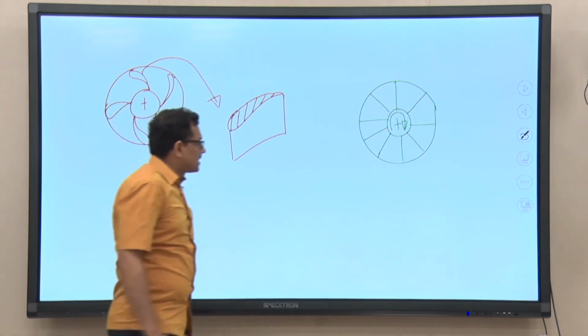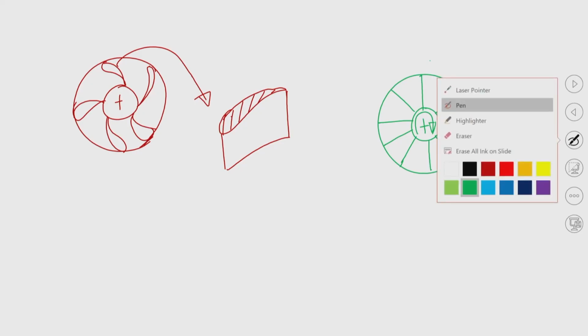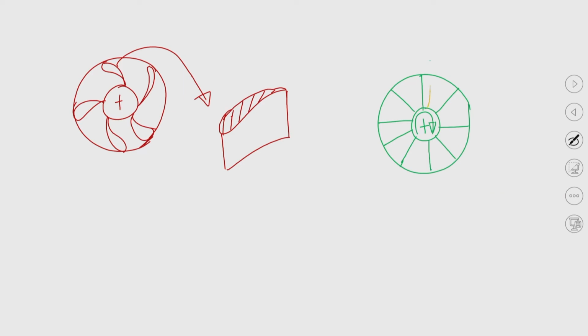You can see the liquid passing through the passage between two consecutive blades.